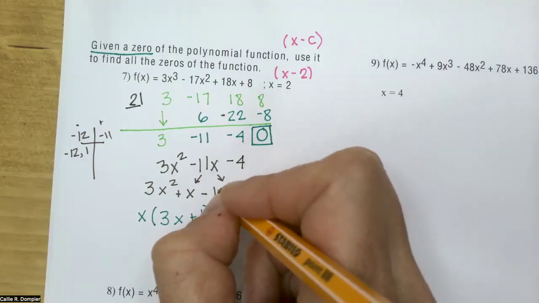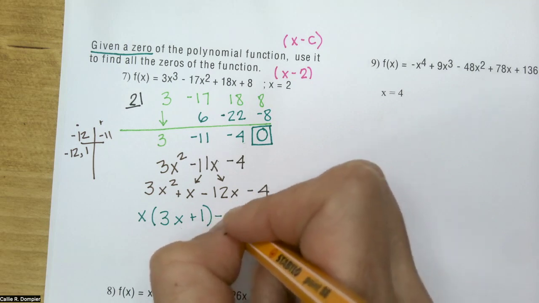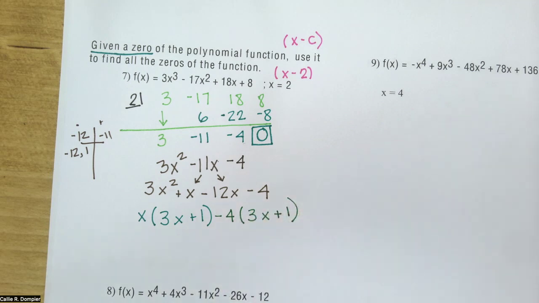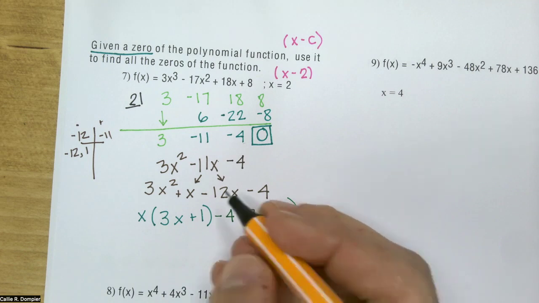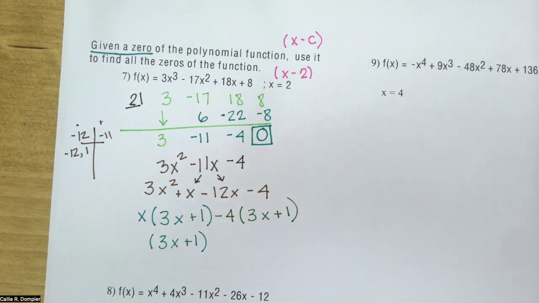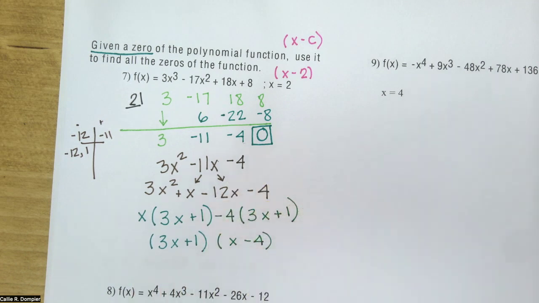So that gives me negative 12x divided by negative 4 gives me a positive 3x. And then negative 4 divided by negative 4 gives me a positive 1. And then those are my common factors, 3x plus 1. And what's left? x minus 4.